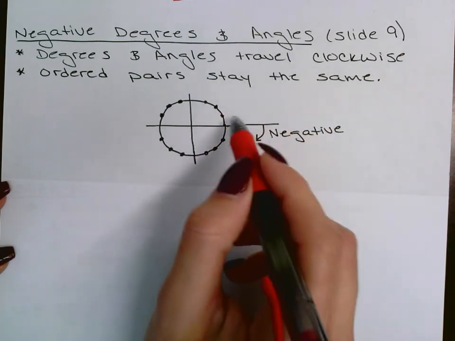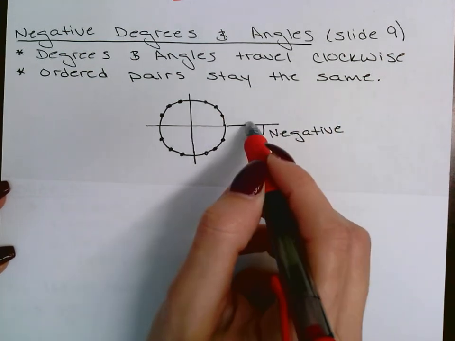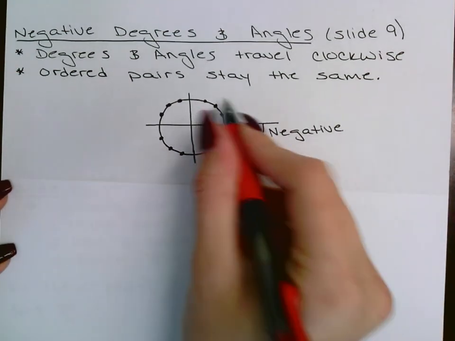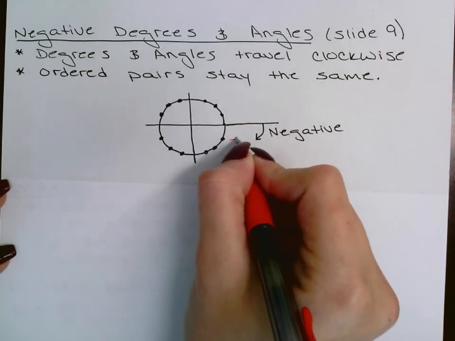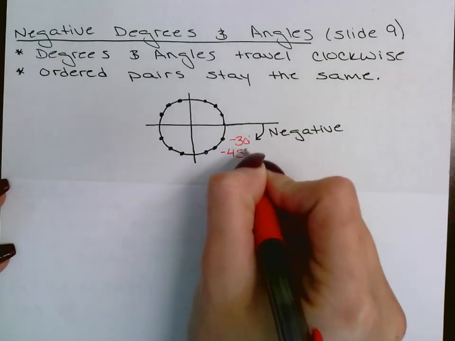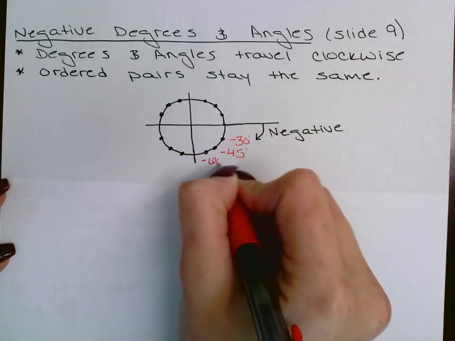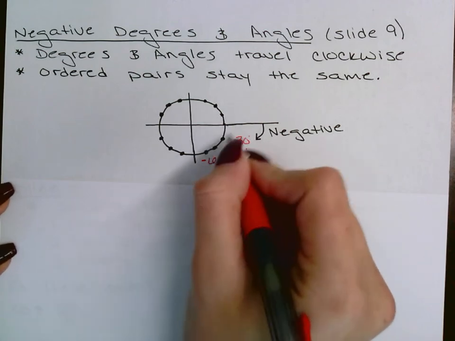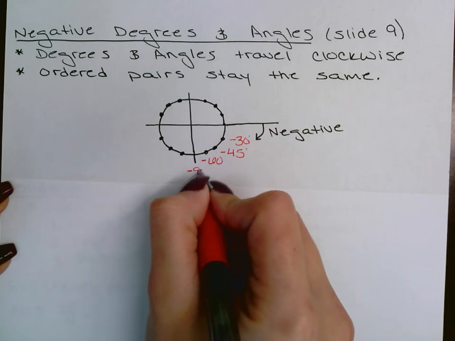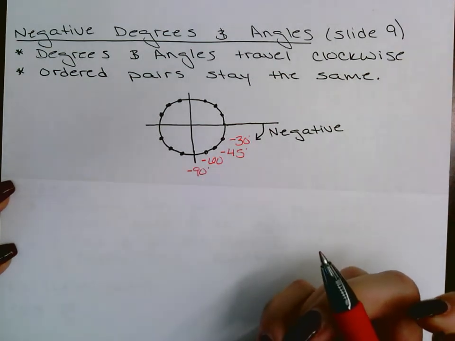When we're talking about a negative degree, we travel in the opposite direction. So instead of going upward, we just go downward, and this would be negative 30. This would be negative 45. Negative 60, and then down here, positive was a 270, but negative, it's a negative 90, okay?